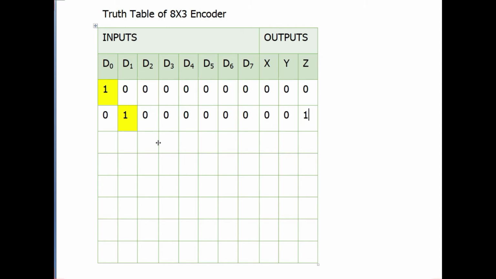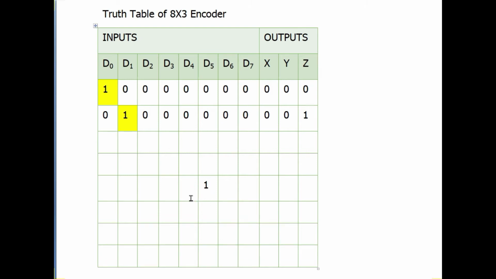Suppose, for example, D5 receives input. The remaining inputs are 0 obviously, because in an encoder any one input only receives 1. So for example D5 input is 1. Now how will it be encoded? 5 will be encoded as 1, 0, 1.